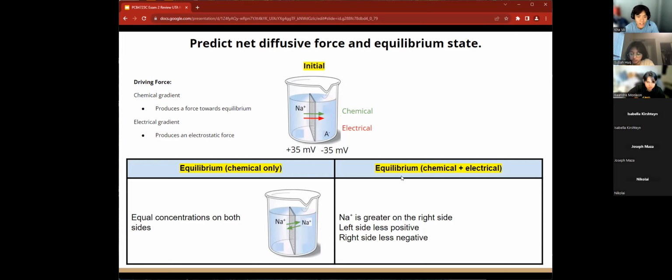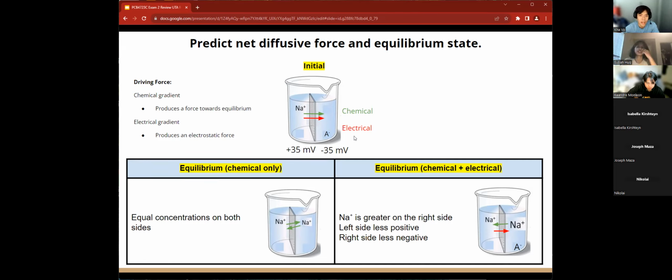On the other hand, let's predict the equilibrium states if we also take into account the electrical gradients. Let's think about it this way. How would we be able to make the whole beaker a neutral charge? We would have to transfer all of the sodium on the left side to the right side, right? And then the sodium charge would cancel out this anion charge, and then the whole beaker would be neutral.